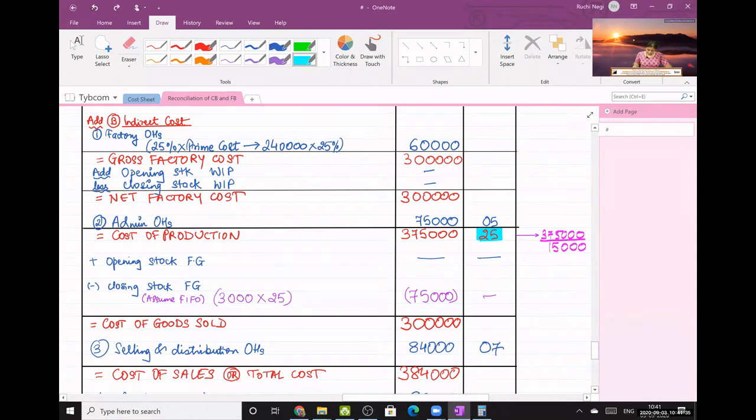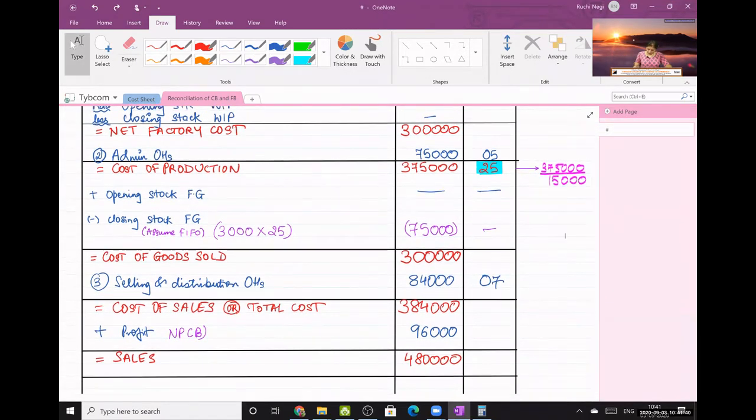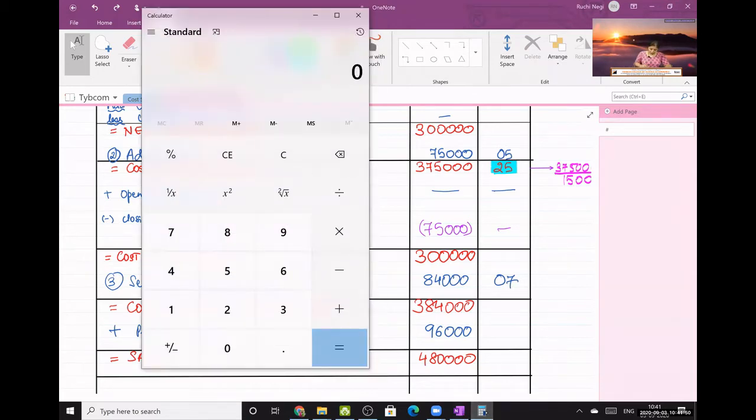Okay. Add करो, 3 lakhs plus 84 is 3 lakh 84. Sales नहीं दिया है, but I told you नहीं दिया है तो take it from trading P&L. So that is 4 lakh 80. So 4 lakh 80 minus 3 lakh 84 is 96,000.